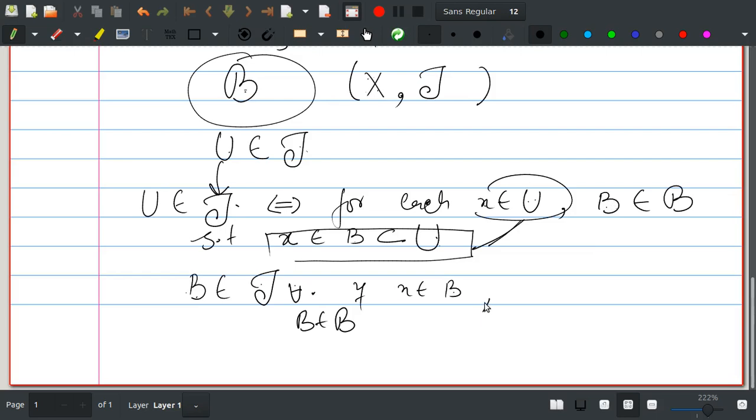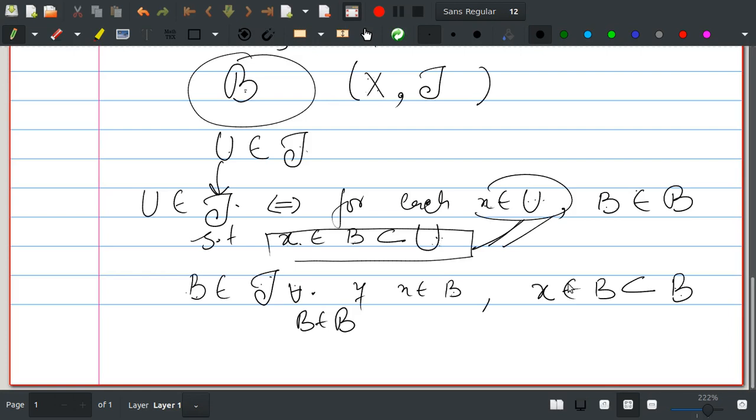In this case that basic element will be B itself, i.e., this x is contained in B and this B is contained in B. So that means this B is an element of tau because B satisfies this condition, that is, given any x in U we have a basic element B in script B such that x is in B and B is contained in U. We simply replace U by B, and we are done.